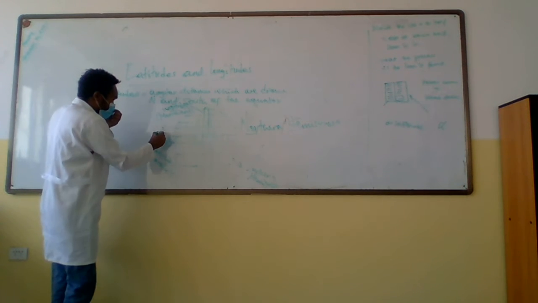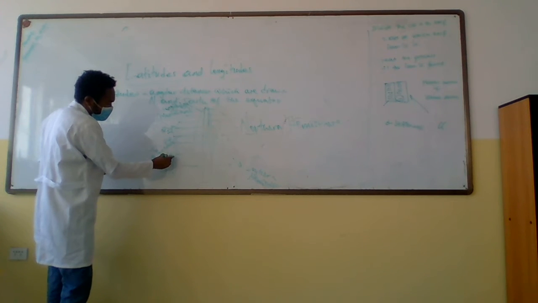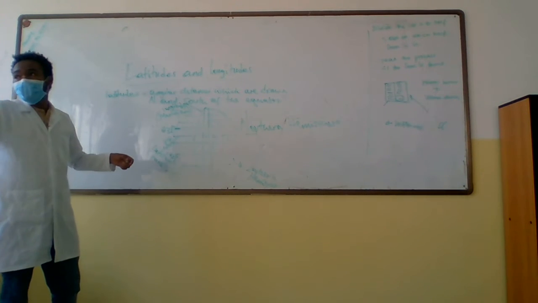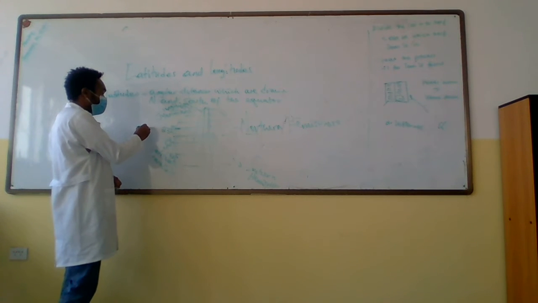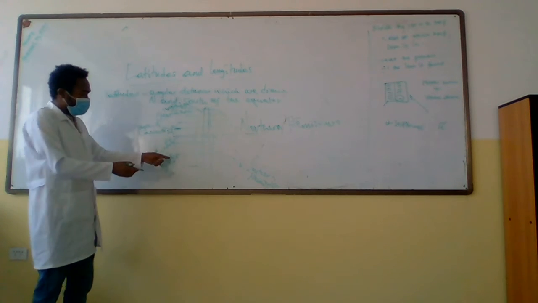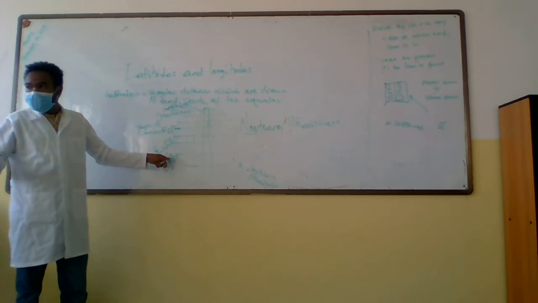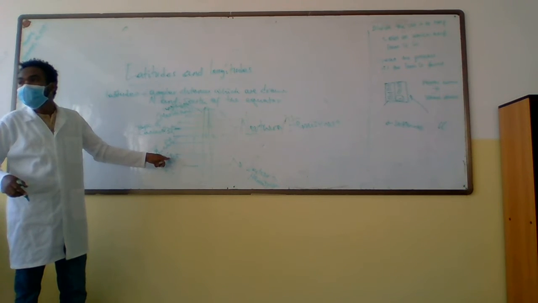Okay, let's discuss other lines. Here, 23.5 degrees north and 23.5 degrees south. What do we call this line? Okay. This line is called the Tropic of Cancer. What do we call the line which is found in the south? I think the Tropic of Capricorn.